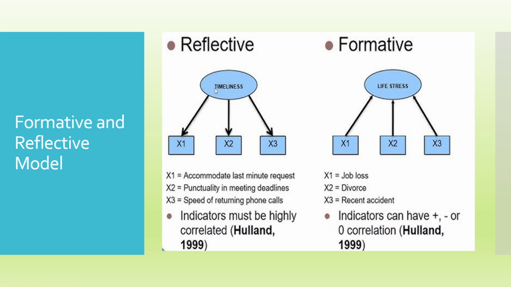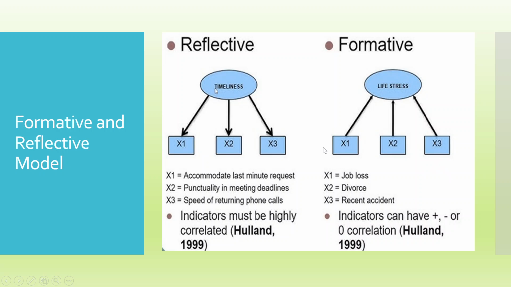It is not necessary that all these three things should happen simultaneously, then only the life stress will happen. It is just like an OR condition. Any one of them can cause the life stress. According to Hulland, 1999, in case of formative model, the statements can have a positive, negative, or no correlation among them.